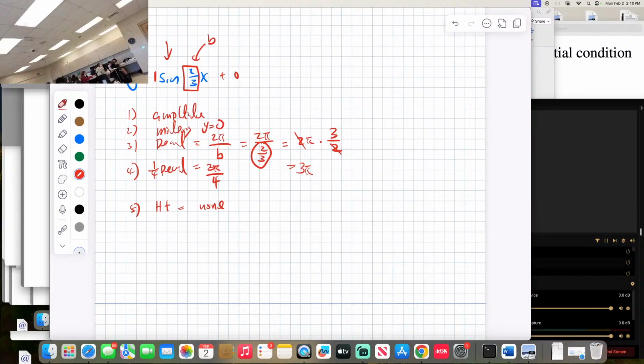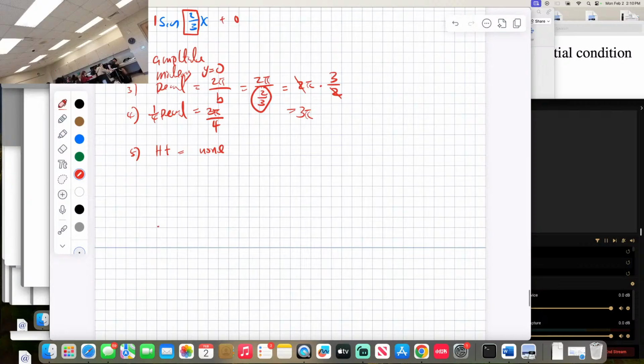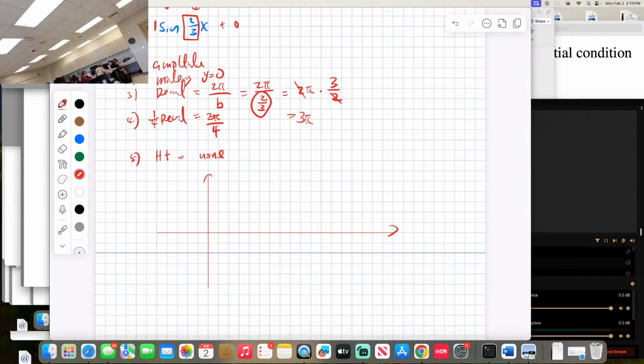Again, we're going to start a sine graph, sine of 2/3 x. My midline is at 0, so it makes it a lot easier. And since the amplitude is 1, that's also easy. So we're going to say this much is 1. We can decide our own scale.